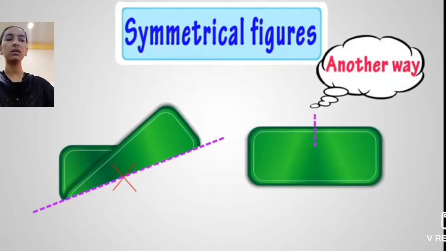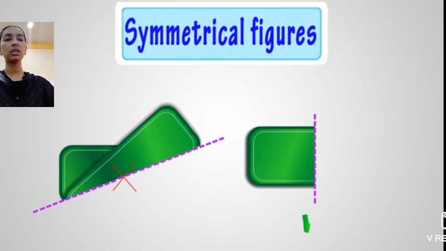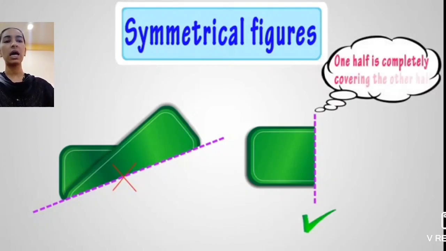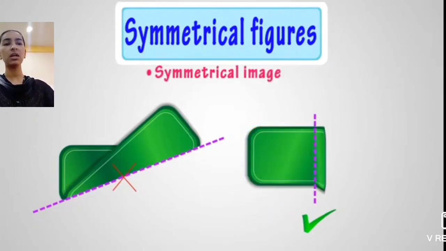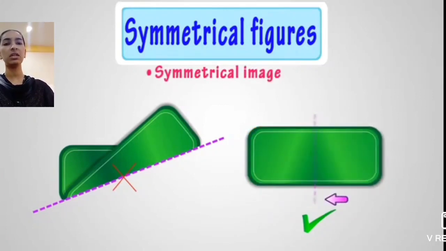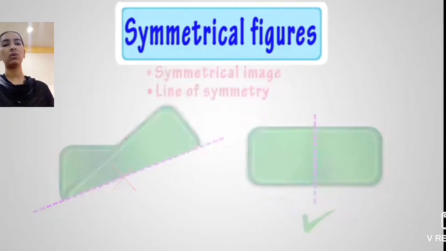But see another way, if I draw a vertical line and fold that, what happens? You can see it gives the identical shape. It covers the other half part. That means this shape has symmetry, but only around the vertical line. Okay students, the line of symmetry is the vertical line, not the first one.